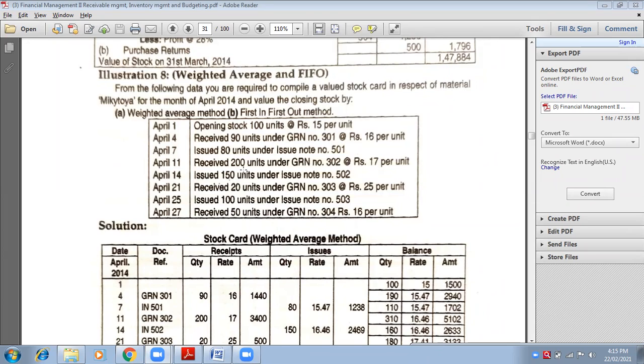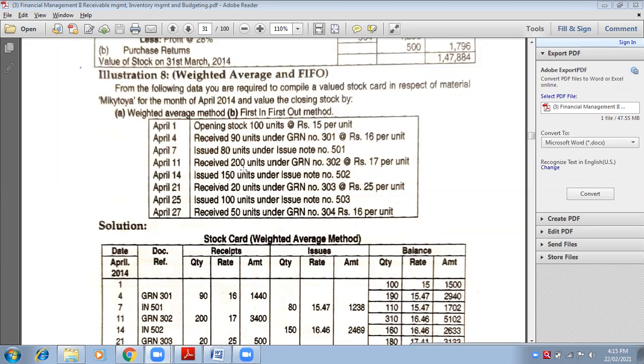What is the rate per unit? 17 per unit. Very good. So 200 into 17 is how much? The amount column? 3,400. Very good.